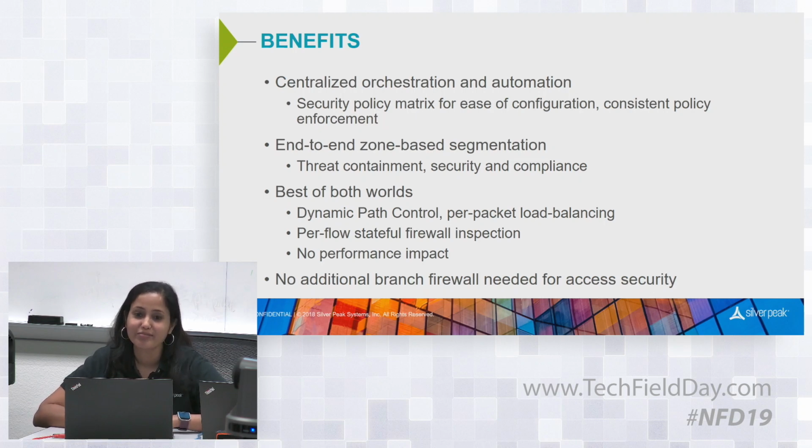Yes, question. Do I have that flexibility? Like, okay, for this kind of application I want per packet load balancing, and for another application I want per flow load balancing. Can I do that? The policy lookup is flow-based, right? Because I'm asking about the forwarding, not the policy.